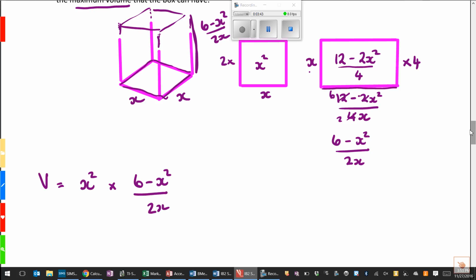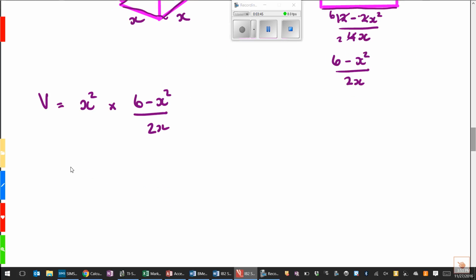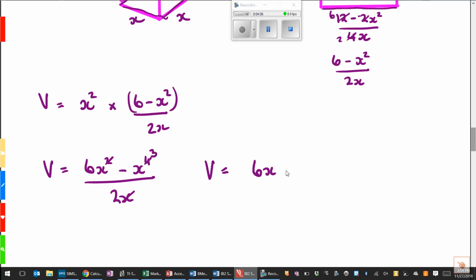Expanding the brackets, 6x squared minus x to the power of 4, still over 2x, which we can cancel. So we end up with volume is 6x minus x cubed all over 2.